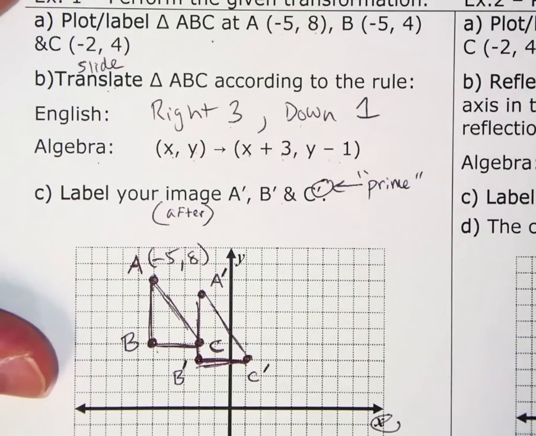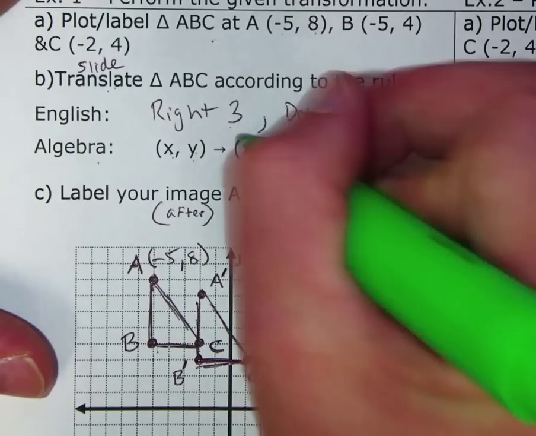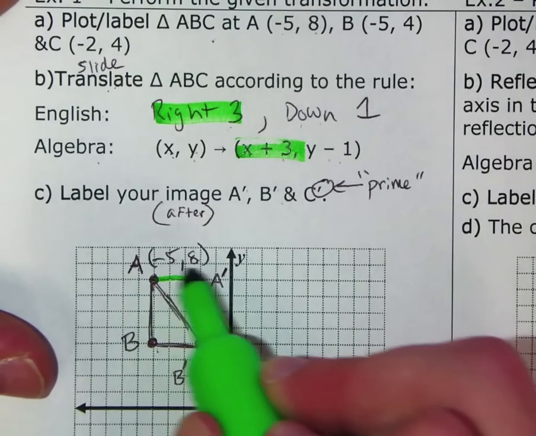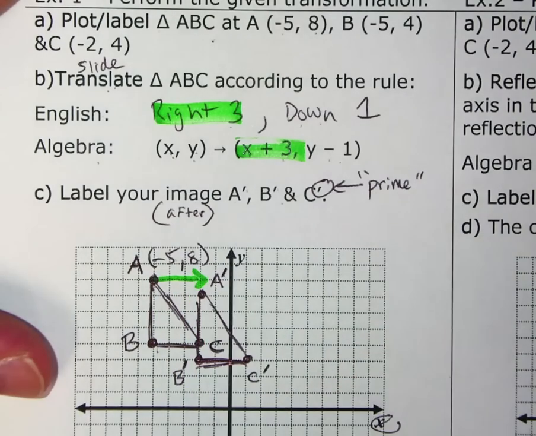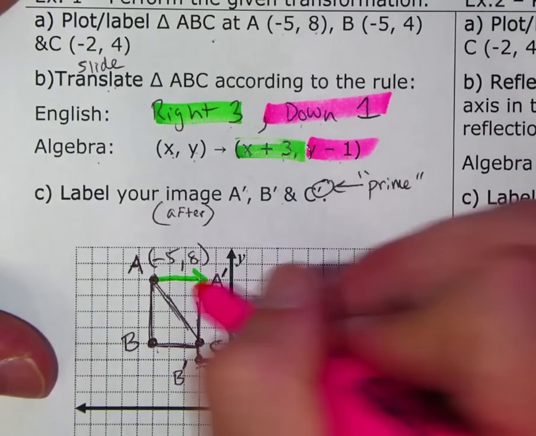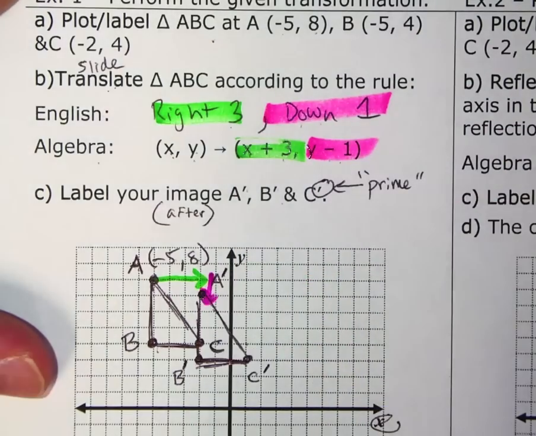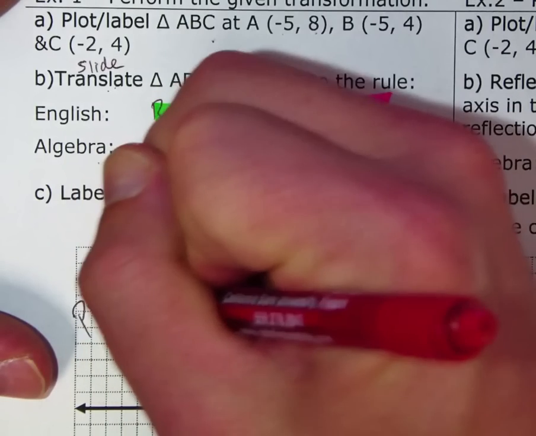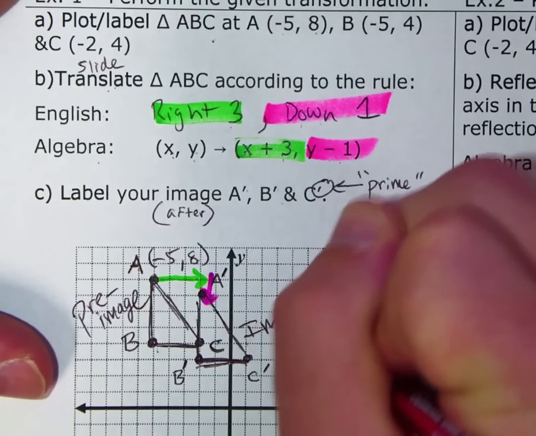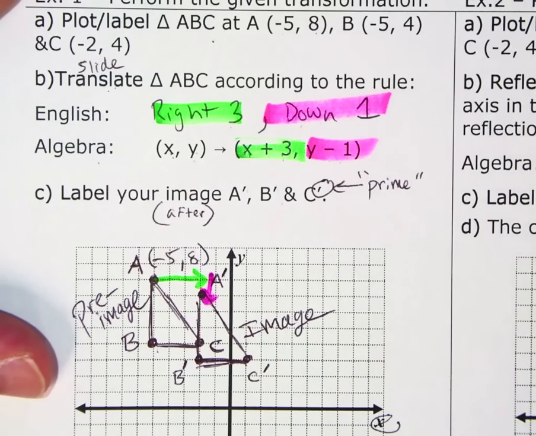There I go. So my translation was to go 3 to the right, and then down 1. And I did that for every point. Again, this is the pre-image, and this is the image, before and after.